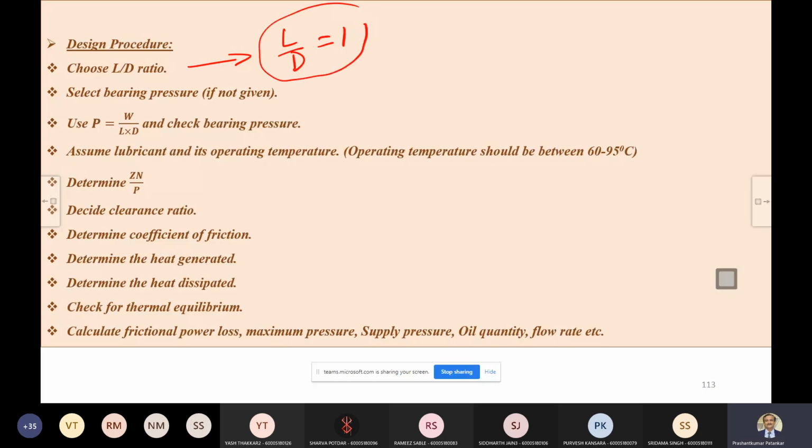Now, when we assume L by D as 1, the next thing is that we have to get the diameter of the shaft. For getting the diameter of the shaft, we are going to use this relation: pressure is equal to W upon L into D. Again, sometimes the value of the pressure is not given in the problem.